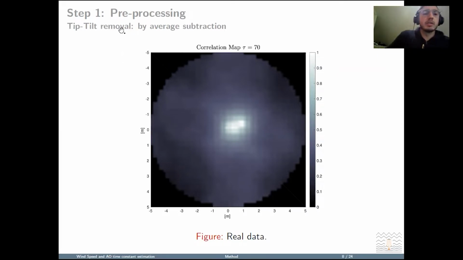Here we do the tip tilt removal. We compare 2 approaches.